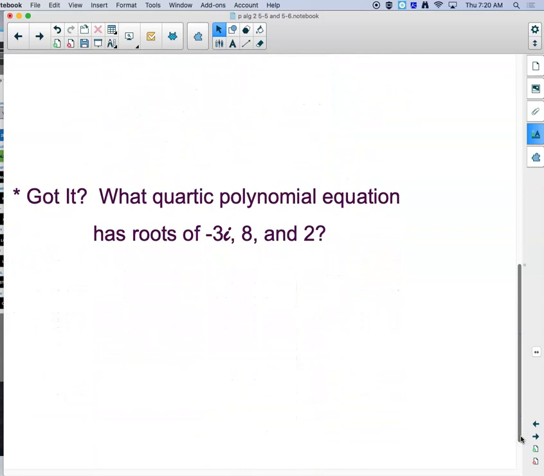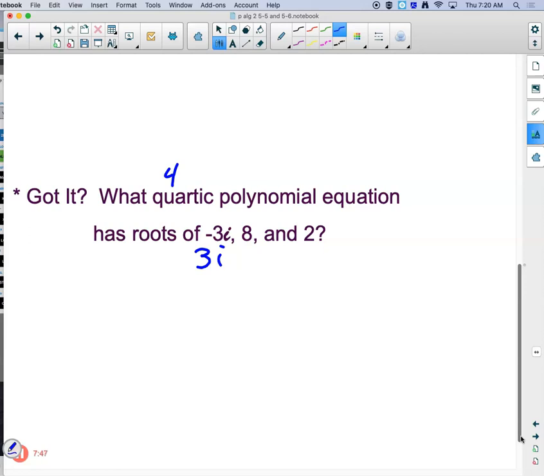Now, the got it is: what quartic polynomial equation has the roots of -3i, 8, and 2? That reminds me, I need 4 zeros. And right away, I remember, oh, imaginaries, they always come in pairs. But the 8 and the 2, those could be written as fractions, 8 over 1 and 2 over 1, so they don't need a pair.